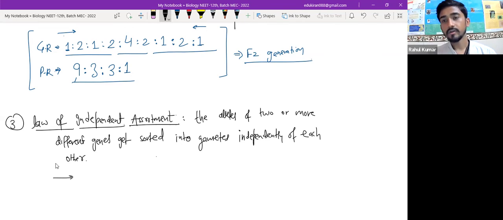The segregation of alleles of one gene does not influence the segregation of alleles of another gene.